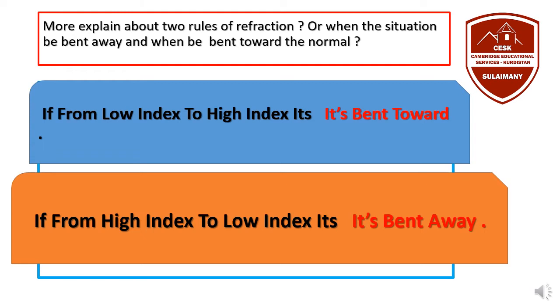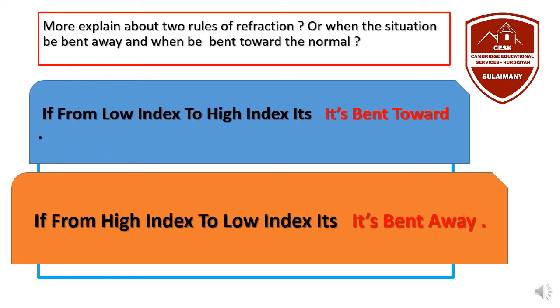For example, the first medium is glass, the incident ray comes from glass with n1 equal 1.6, then enters air with n2 equal 1. So this is 1 and 2, air. In this case, we have a different situation. We have bent away.